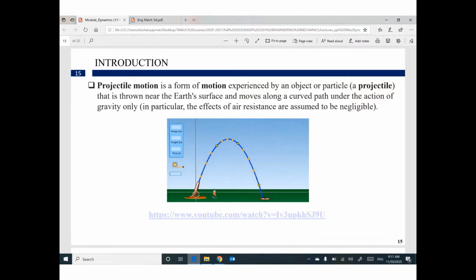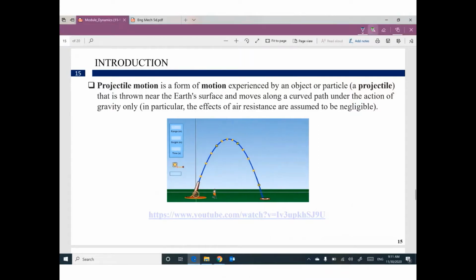Properties means how long, what is the time, what is the horizontal distance, what is the vertical distance, probably. So we need to learn everything about the properties of projectile motion.